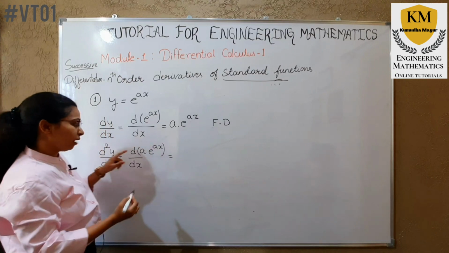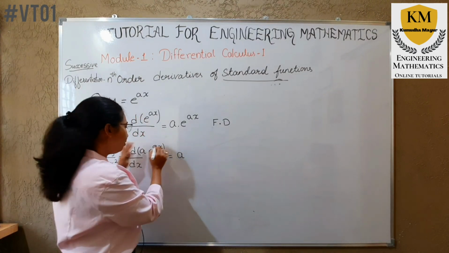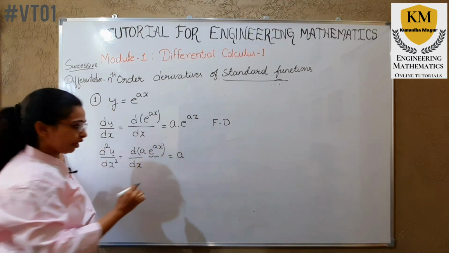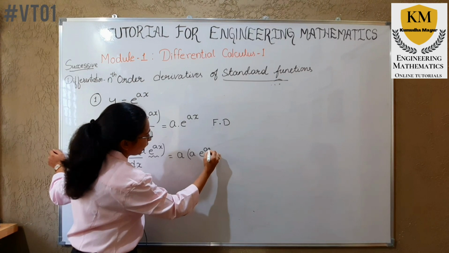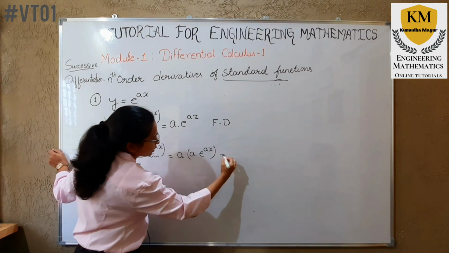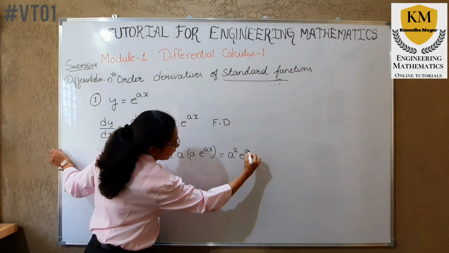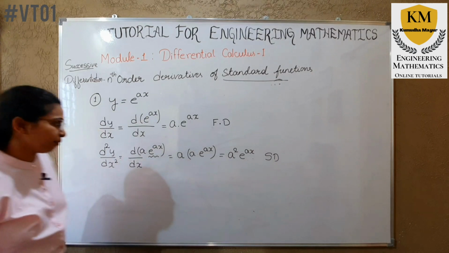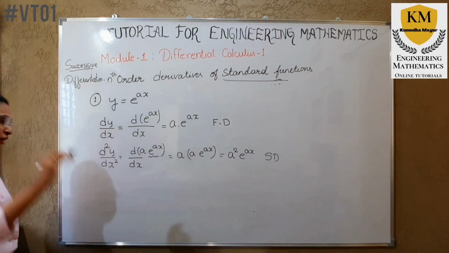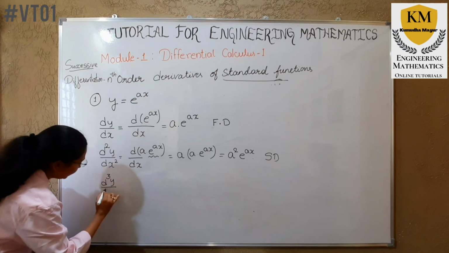What it becomes: a is a constant, I'll write as it is. So when you differentiate e to the power ax, again you will get a into e to the power ax. So when you simplify this, you are going to get a square e to the power ax. This is called second derivative. Let me go for one more derivative. d cube y by dx cube.